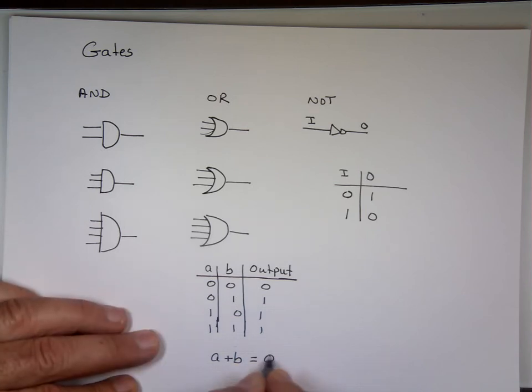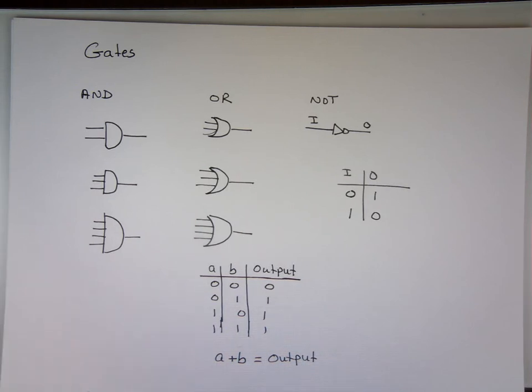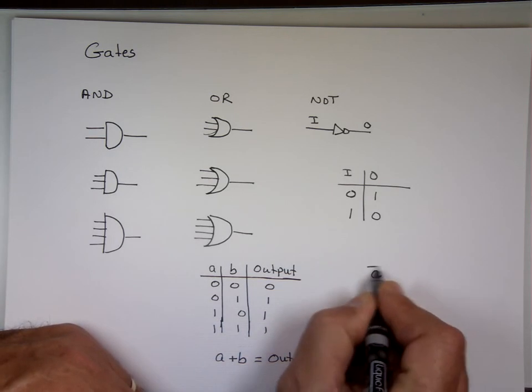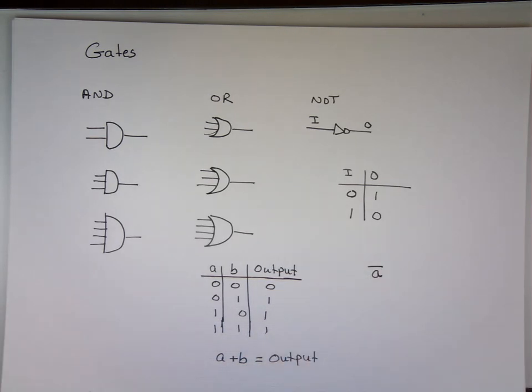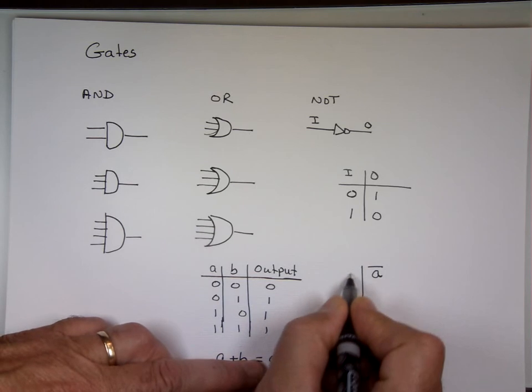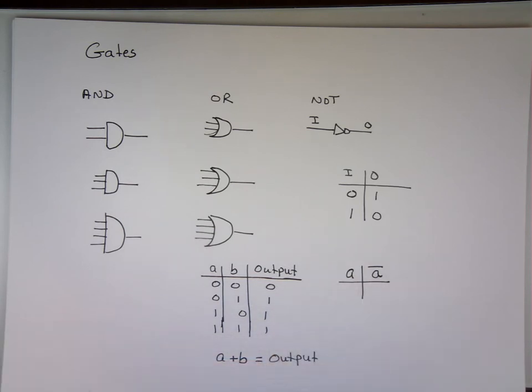Equals out. So we use plus for an OR gate. For a NOT gate, if it's an input A, we go with the NOT, with the line over. That means that's not. That's not A. A and not A. So you see me put a line over to indicate it's not, the complement.